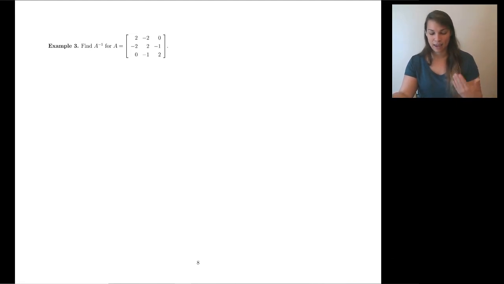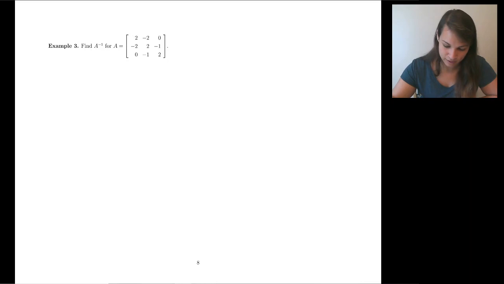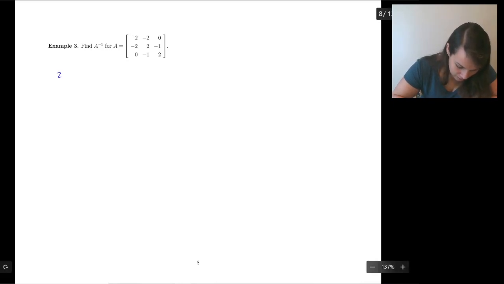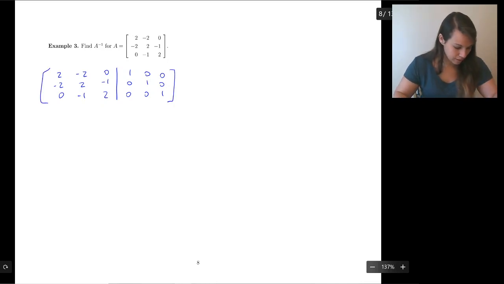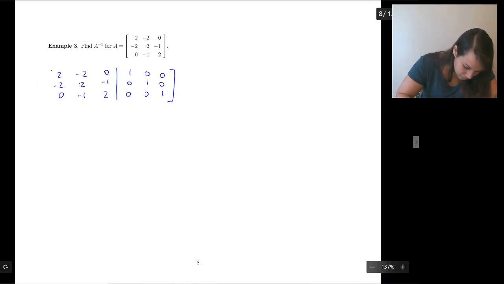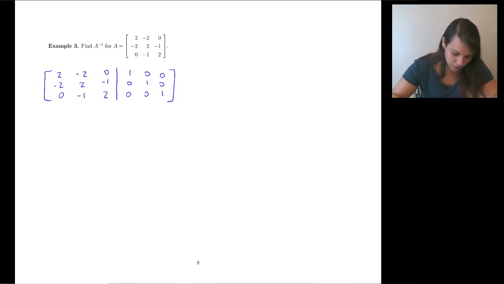We want to find A inverse for the suggested A matrix. So we're going to take A, we're going to turn it into an augmented matrix with the identity matrix on the right. Okay. So first thing I'm going to do is I'm going to take row 2 and add row 1 to it so I can get rid of that guy.